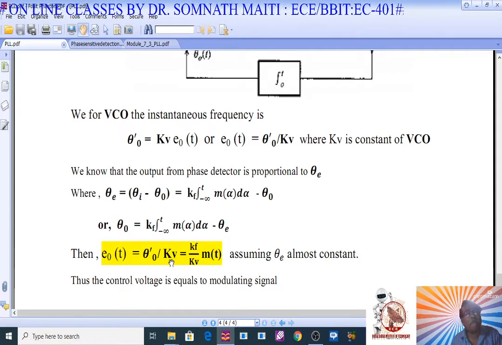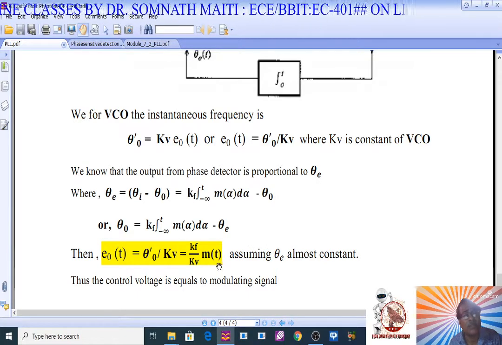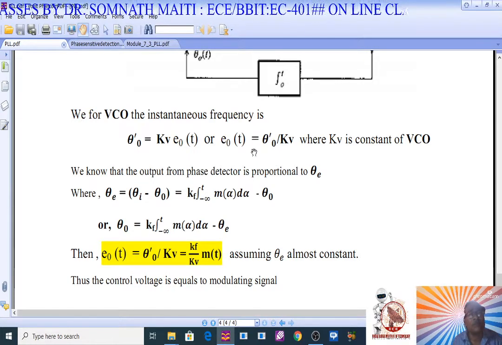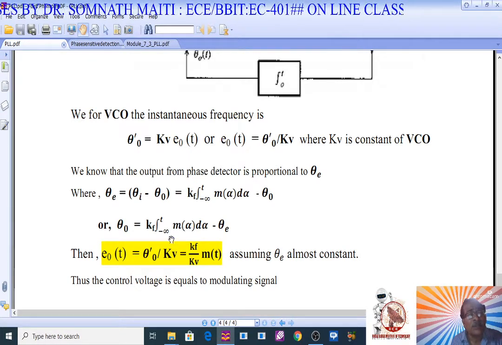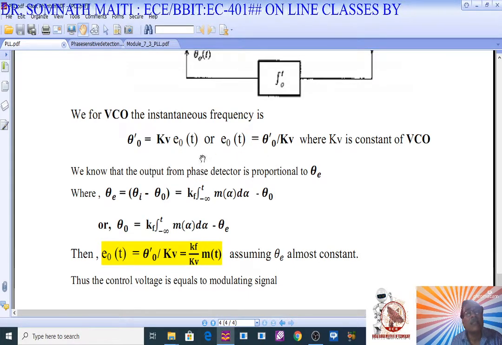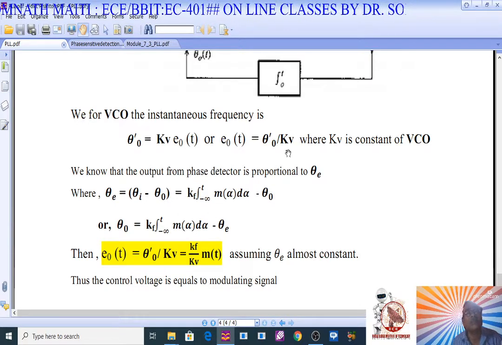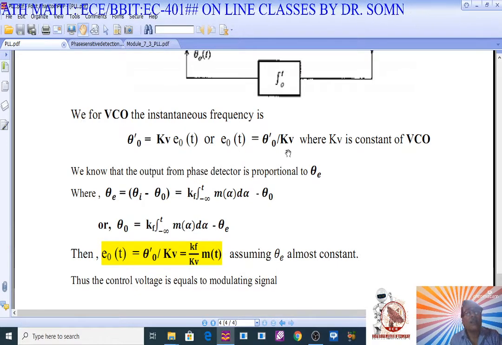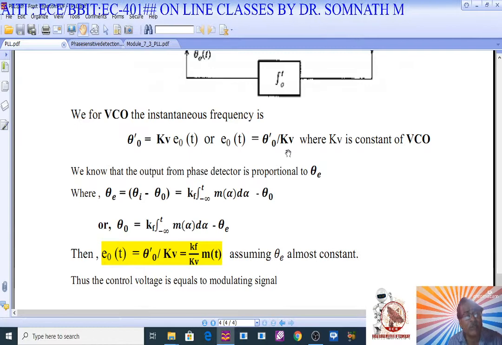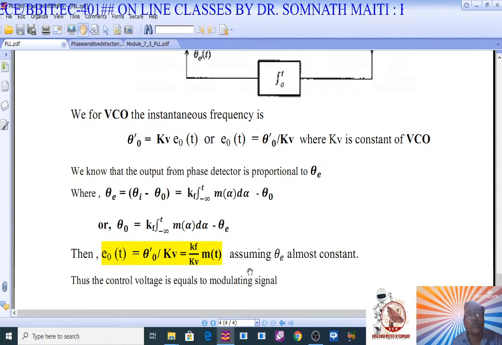If you substitute theta 0 dot from here, you get kf by kV into m t. So E0 t, the control signal of the VCO, is proportional to m t.